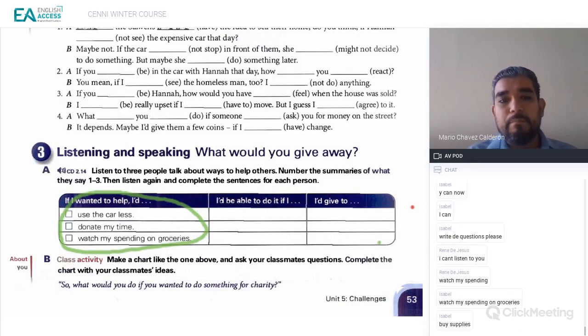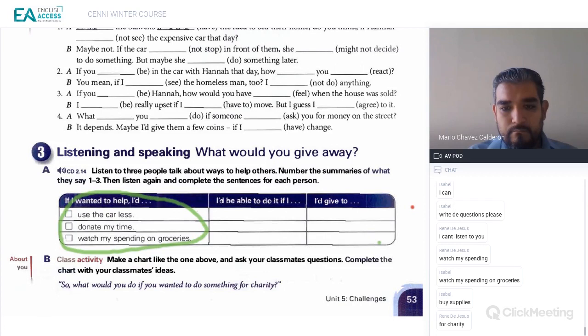Buy supplies. Supplies for who or what? No, for charity, no. No?